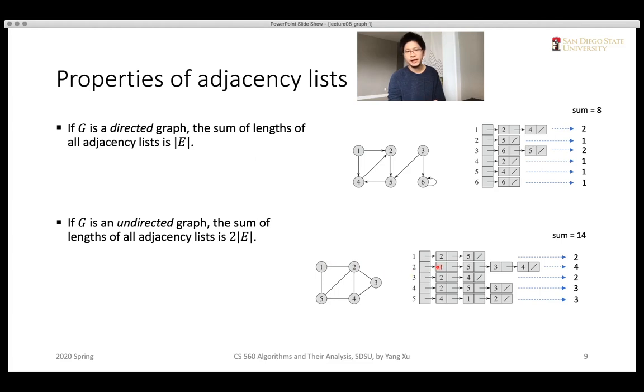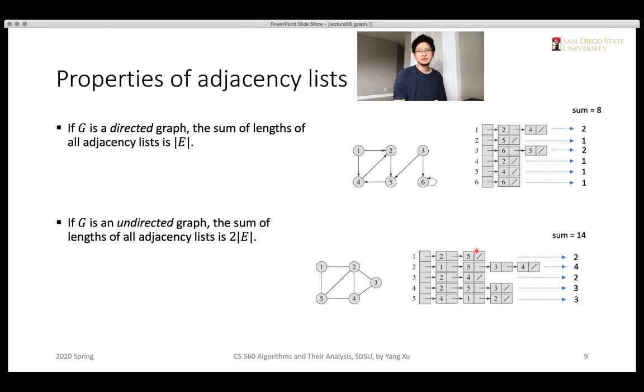So that's why the edge from 1 to 2 and from 2 to 1 is counted twice. That's why for an undirected graph, the total length of the adjacency lists should be 2 times the total number of edges. But this is not the case for a directed graph, because in a directed graph, the edges that are pointed in, we don't count as an edge.